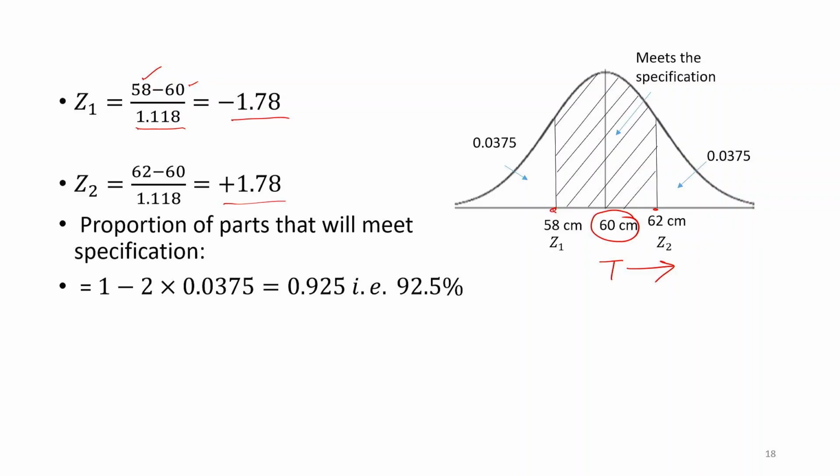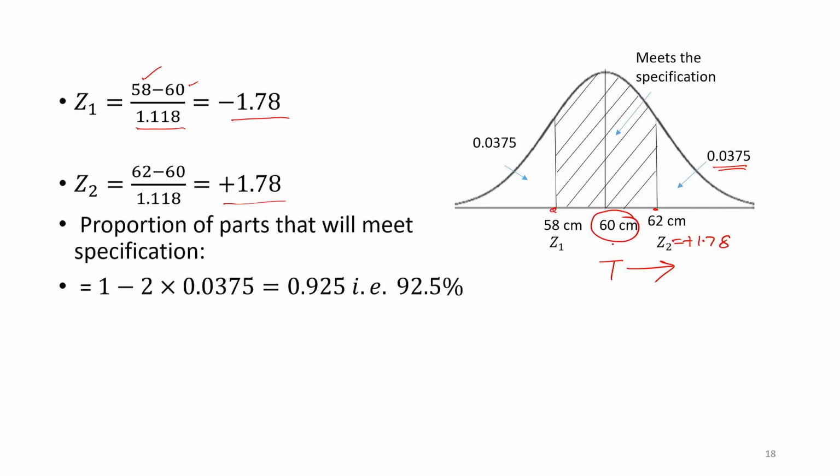From that table, we can find out the area beyond plus 1.78. Here Z2 is plus 1.78. What is the area beyond this? This figure is 0.0375.